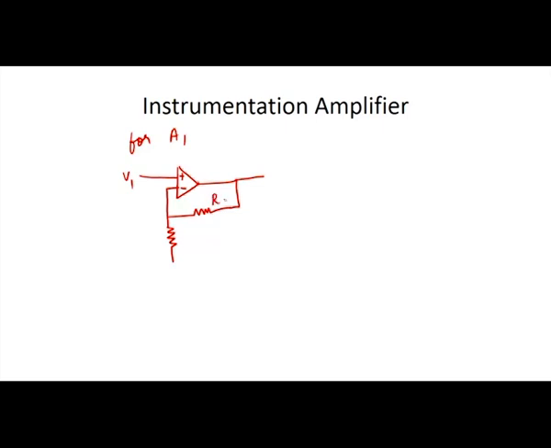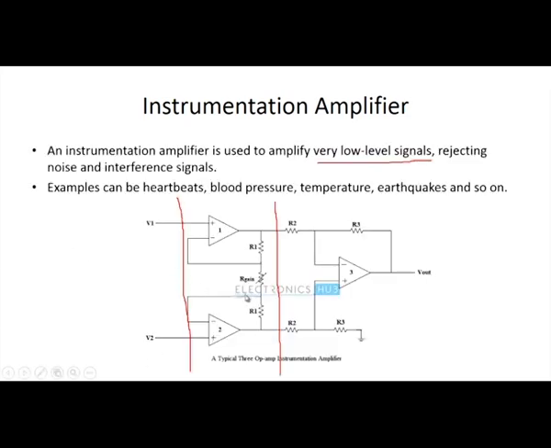Take this as R, and R dash, and keep this as R, and here V2 is given. I have taken this node as V2 and this node as V1. We know that these two terminals are virtually equal.